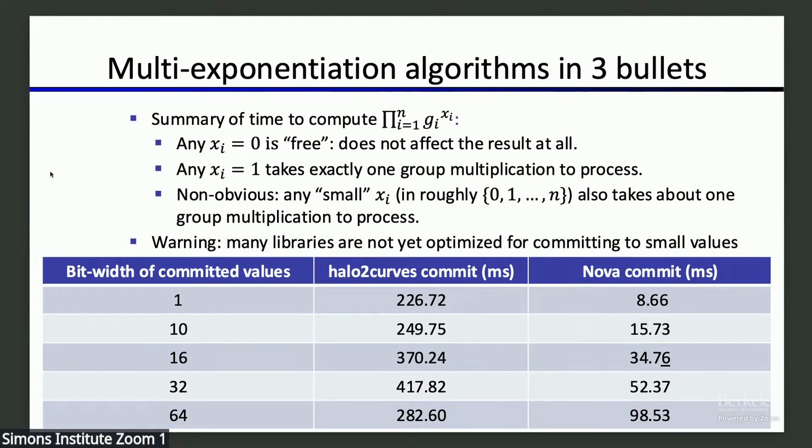You can look at some of the popular elliptic curve libraries in deployed SNARKs, and some of them are just not optimized to take advantage of small values. It's not hard to do. This is a message I want to be more widely appreciated. How much freedom do you have in choosing to commit small values? That's where the polynomial IOP comes in, and the latest greatest polynomial IOPs ensure you only have to commit to small values.